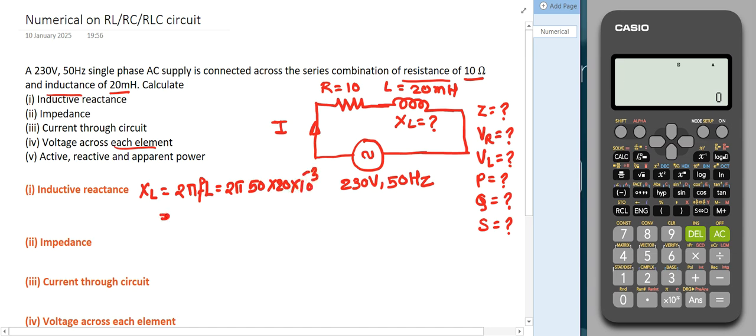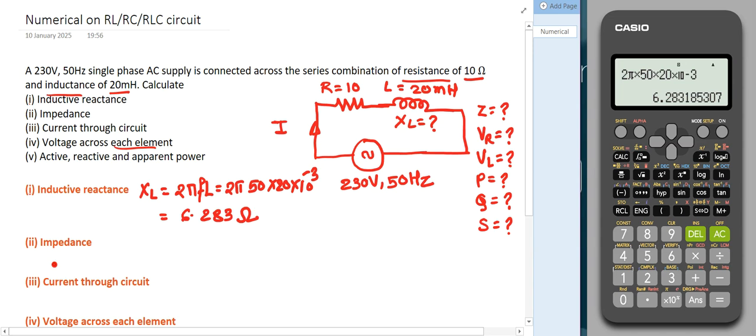So let us calculate this on the calculator. 2 shift pi into 50 into 20, 10 raised to minus 3. If I press equal to, it gives me 6.283 ohm.